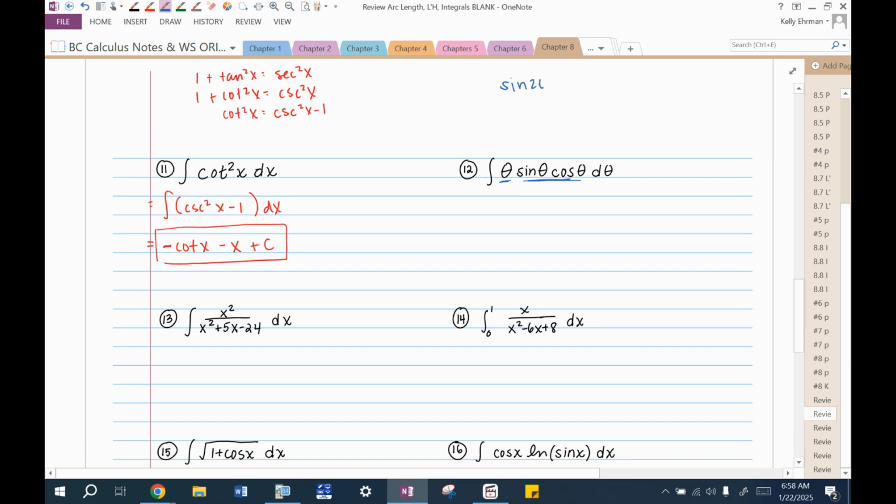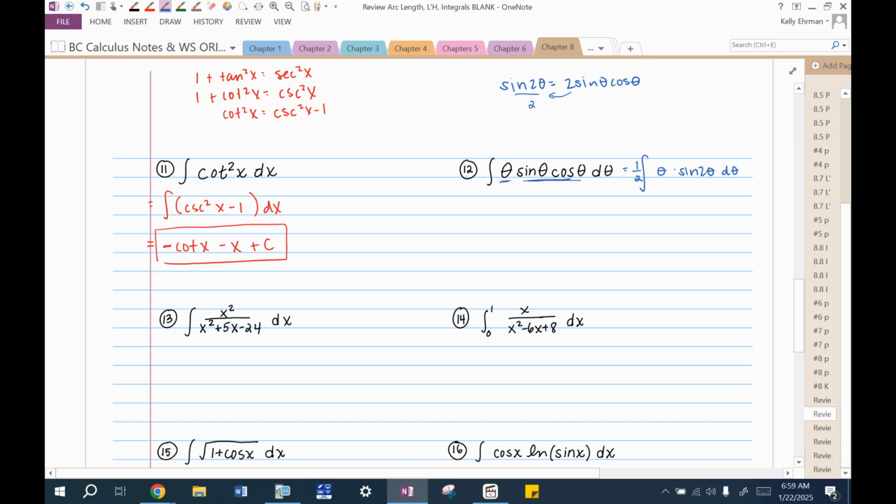So sine of 2 theta is equal to 2 sine theta cosine theta. That was the double angle identity that we had. So if we only have sine, cosine, then that means that's sine of 2 theta divided by 2. So let's rewrite that. So this is theta times sine 2 theta. And then the divided by 2, let's put the 1/2 out here.